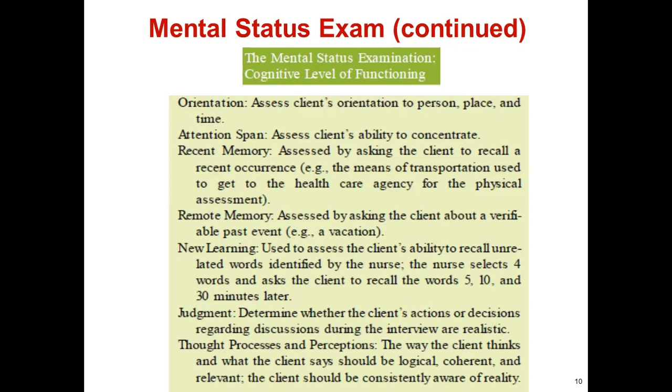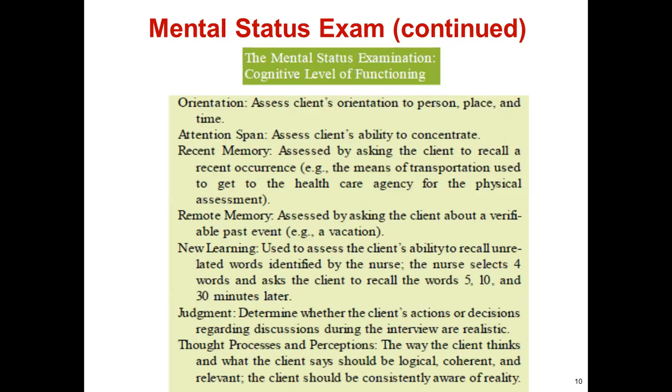So what the client thinks and says should be logical, coherent and relevant. The client should be consistently aware of reality.